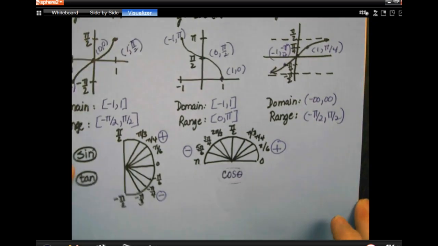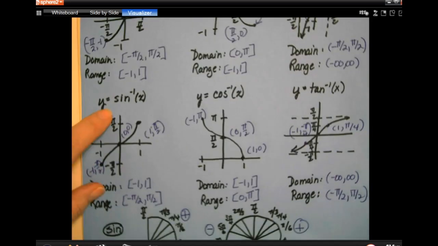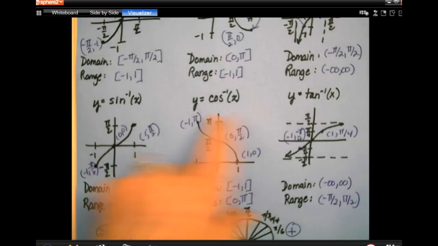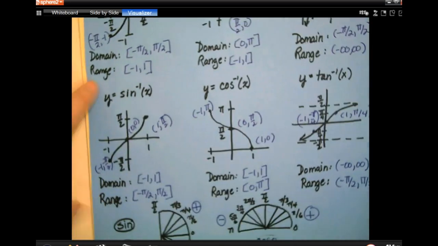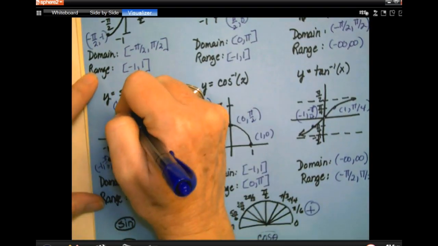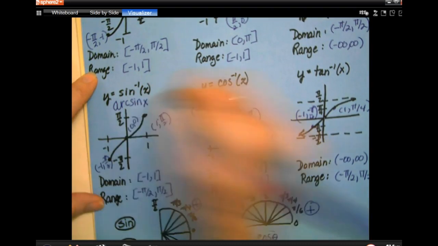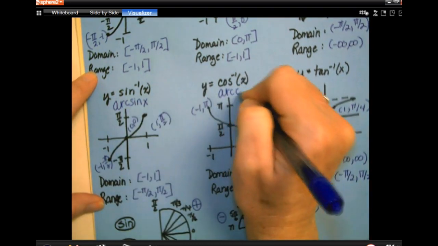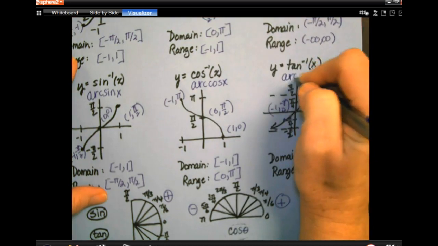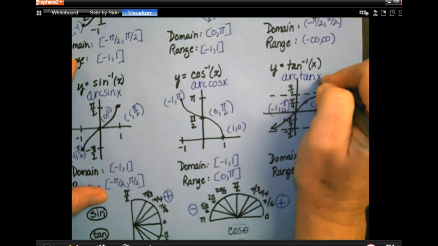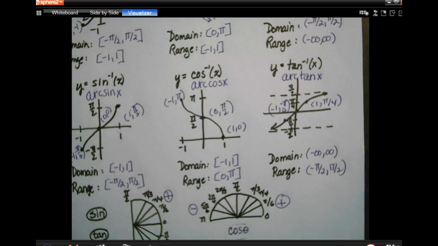Another way to say inverse sine, inverse cosine and inverse tangent is arc sine, arc cosine, and arc tangent. It means the exact same thing. No, this is the inverse of the whole function.